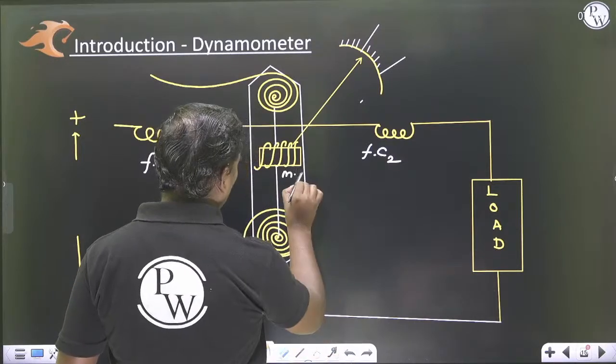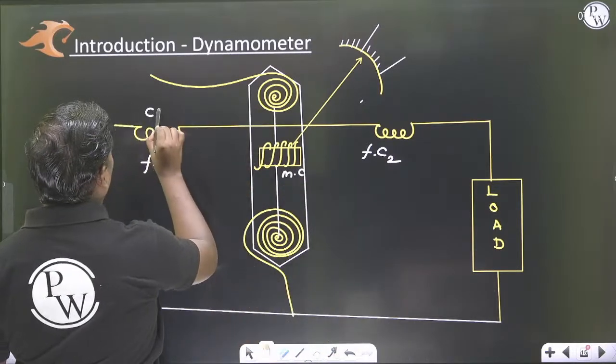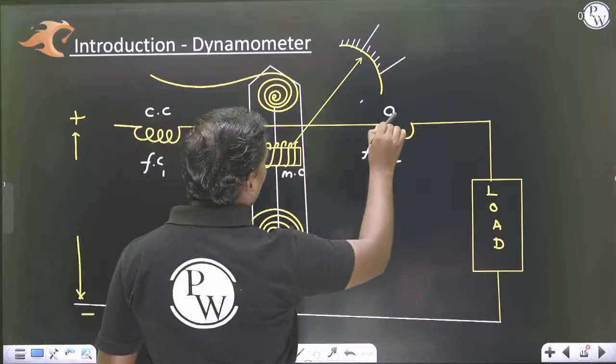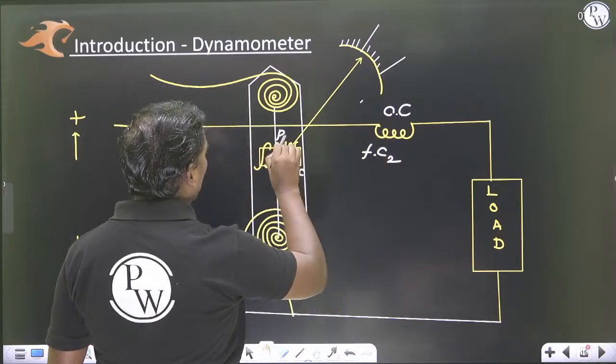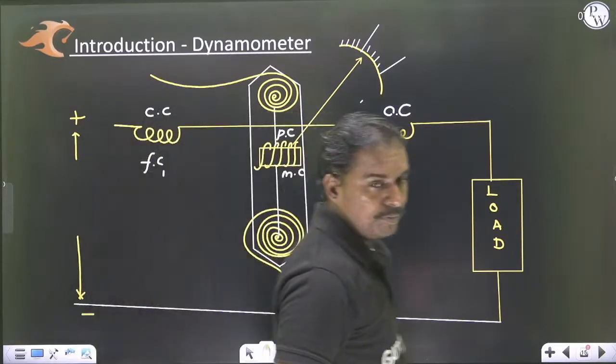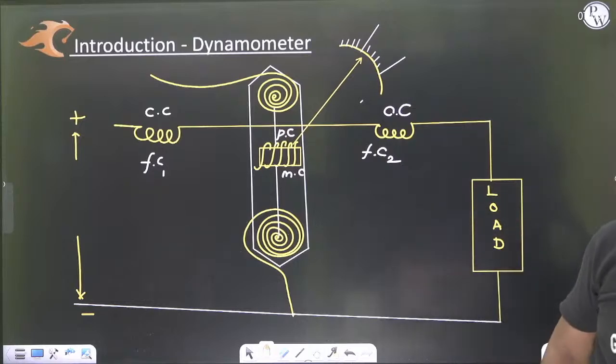The fixed coil is also called the current coil. This is also called the current coil. The moving coil is called the potential coil or the pressure coil. We call it the pressure coil.